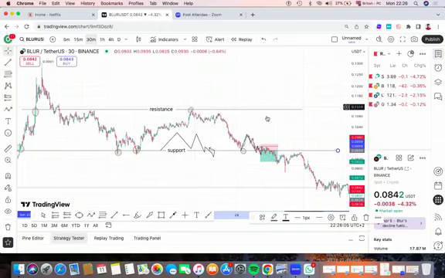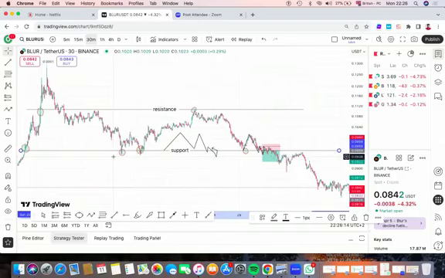So for today, we talked about support and resistance and how you can take the trade, trading the support and resistance. So before you can have a complete support and resistance, there has to be at least a double top and a double bottom, or a triple top and a triple bottom.